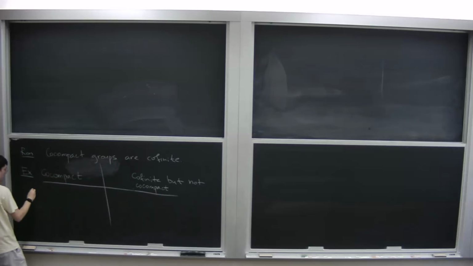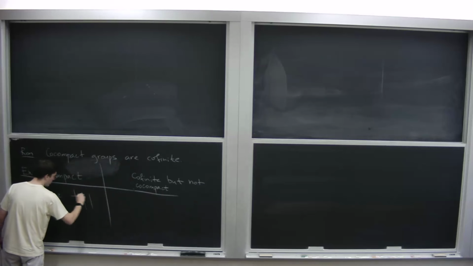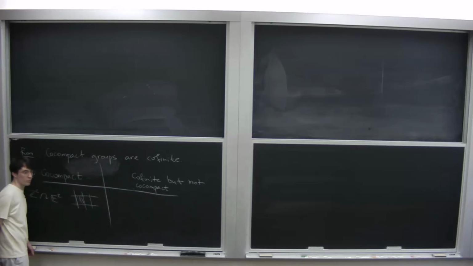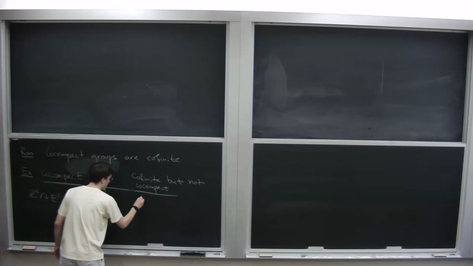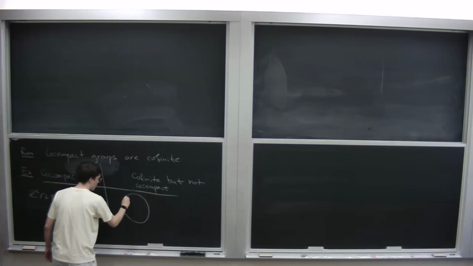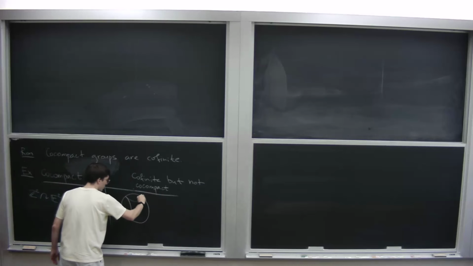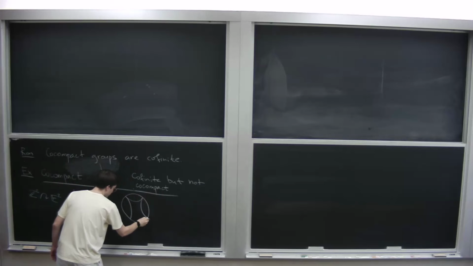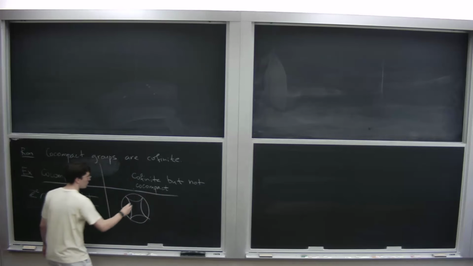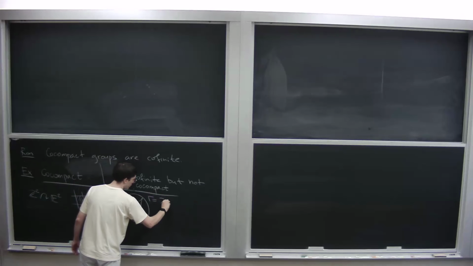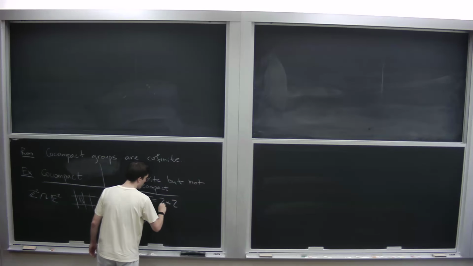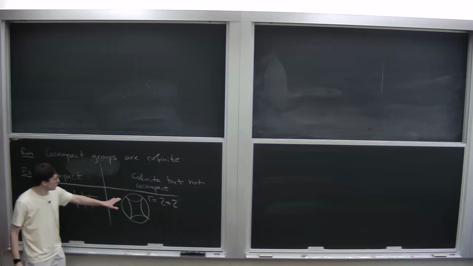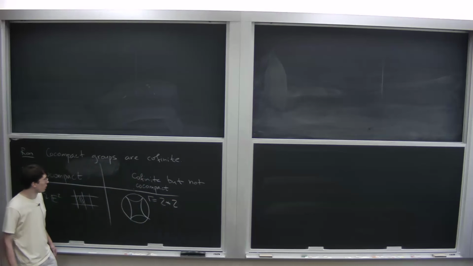My example with Z squared acting on the Euclidean plane is obviously cocompact, right? This is a compact fundamental domain. However, my example with the ideal foregon, so this is the free product of copies of Z, is cofinite. This ideal foregon has finite measure.